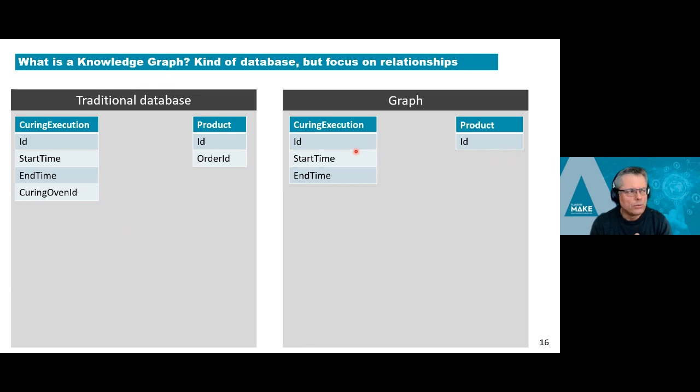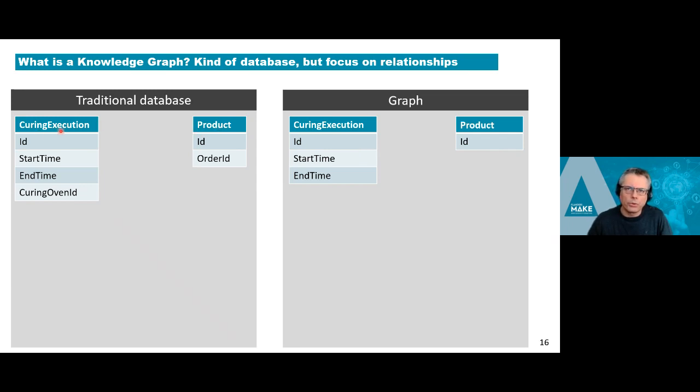Maybe for those that don't know it, I'm not so sure how many people will know this aspect, but if you compare a knowledge graph, or a graph in general, to a traditional database, it's important to know a few of the differences.